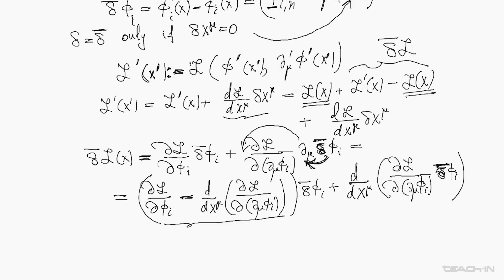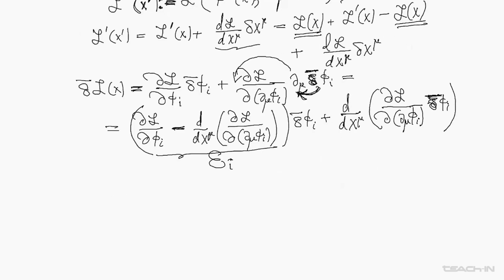The last thing to take into account is the infinitesimal expression for the integration measure. I think on the next lecture, I will show you that the integration measure infinitesimally is given by the following expression.